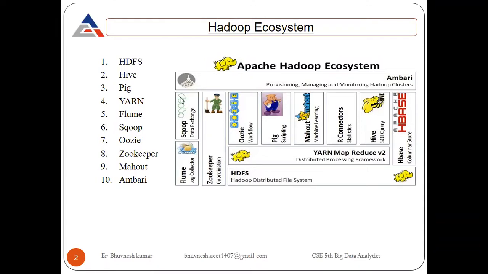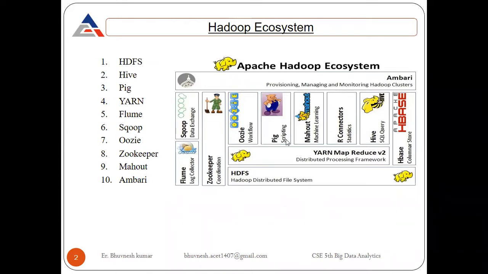Sqoop is made for data exchange. Okay, I have told that there is import and export. Sqoop is used for your data exchange. Flume is used for your log collection. Okay, ingestion. I have told that data ingestion is performed by your Flume. Zookeeper is your coordination, the man who will control your zoo. Then Oozie is there. Workflow will be mentioned there. Pig is scripting.